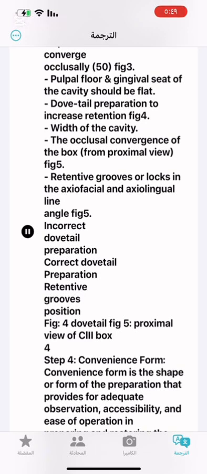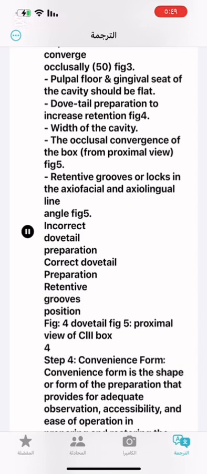Fig 4. Width of the cavity. The occlusal convergence of the box from proximal view, Fig 5. Retentive grooves, or locks, in the axiofacial and axiolingual line angle. Fig 5.